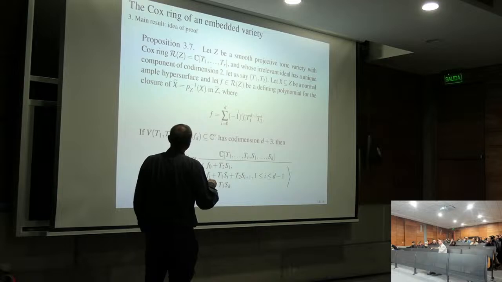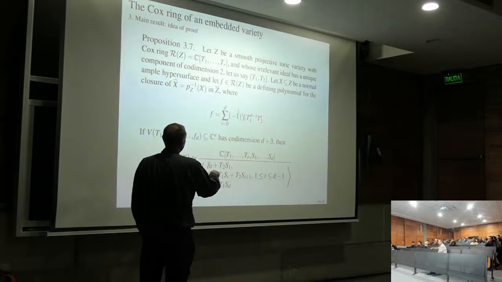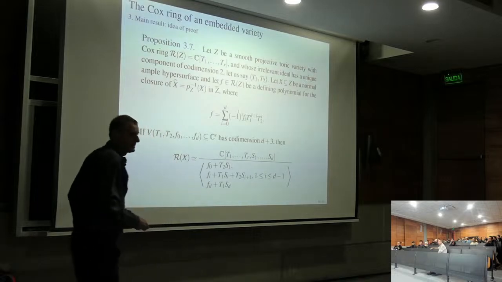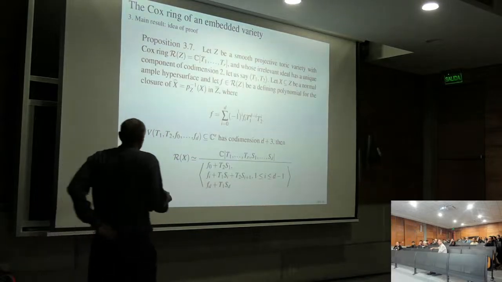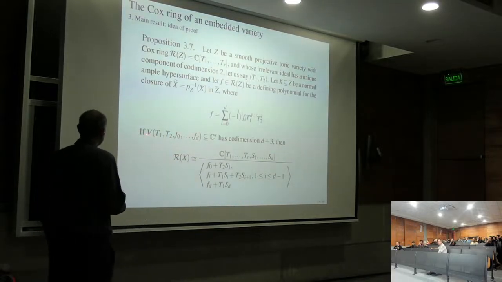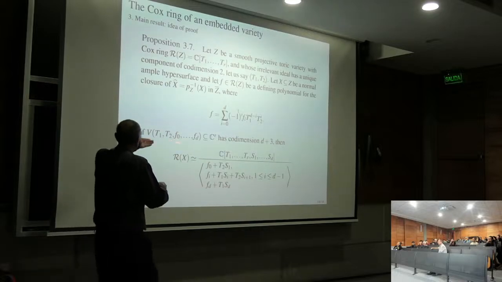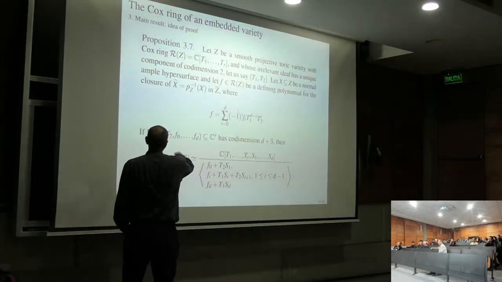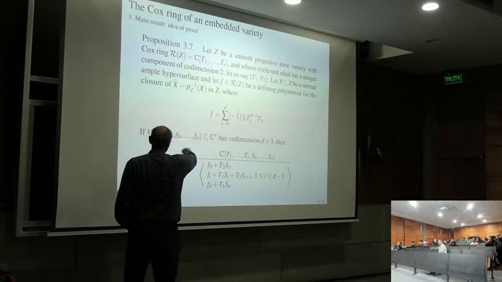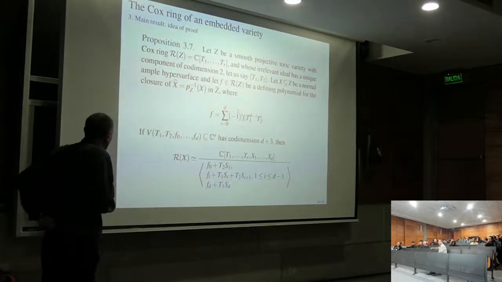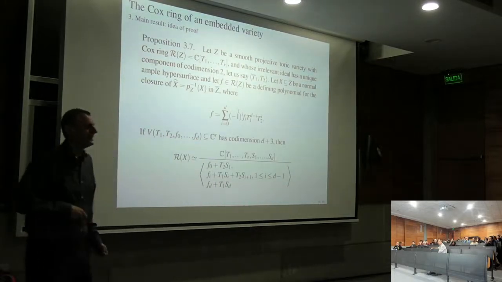Then it is easy to see that f is written in the following way, where you have a kind of Veronese in this T1, T2, and then you have coefficients. So we could prove that if this locus in C to the R has codimension d plus 3, I mean, if this is a kind of complete intersection because there are d plus 3 of these polynomials, then the Cox ring is exactly this one.